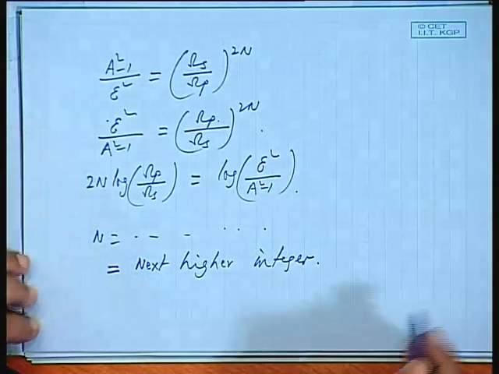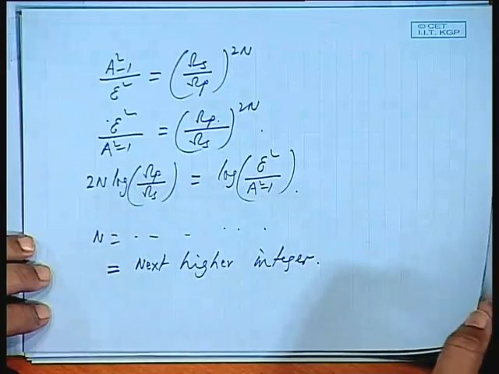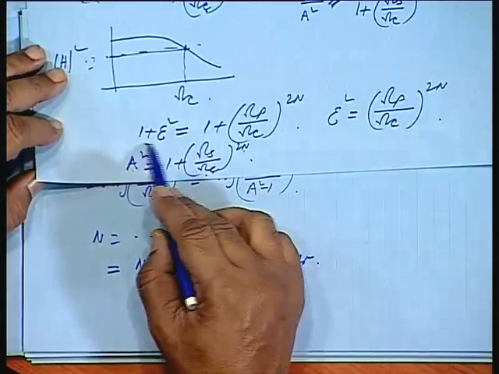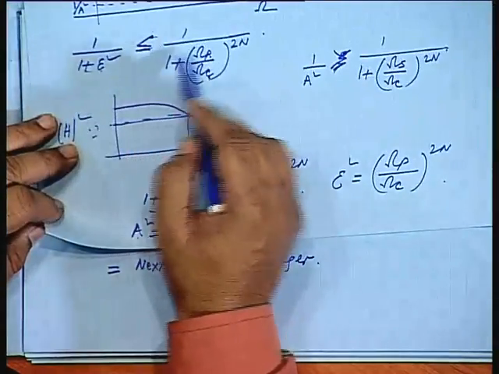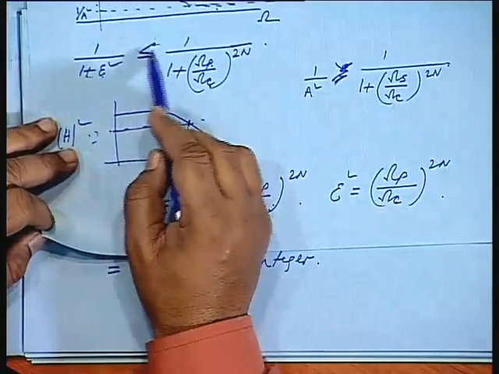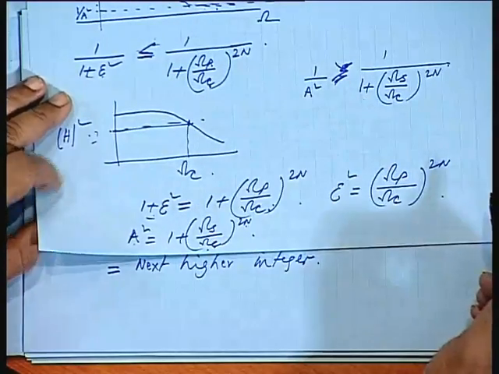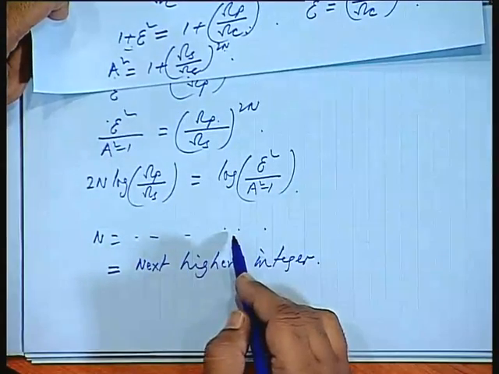This is the design procedure. Once you have got this higher integer value, obviously these were inequality specifications. If you equate them, then both cannot be satisfied with the same value of n, since a fractional value of n is not used.